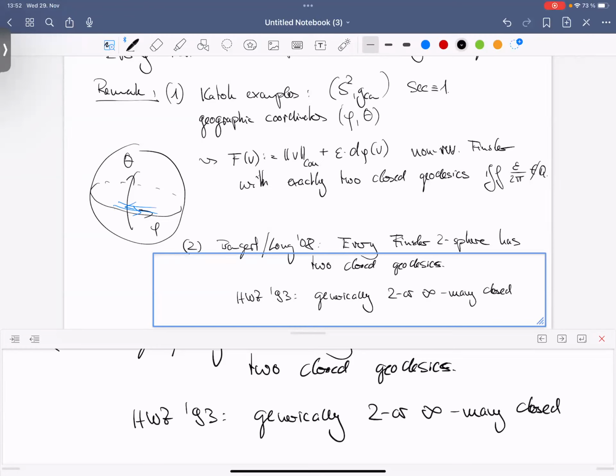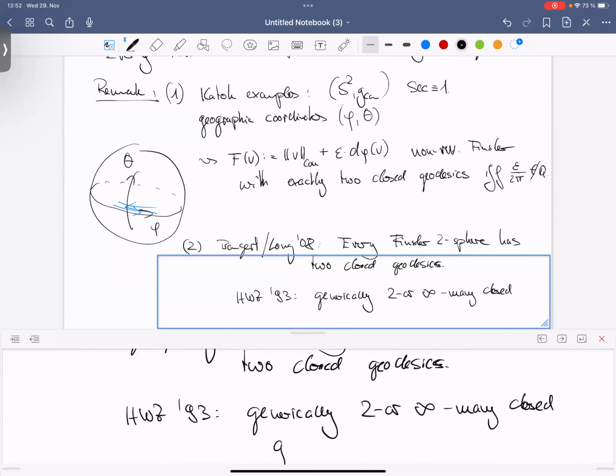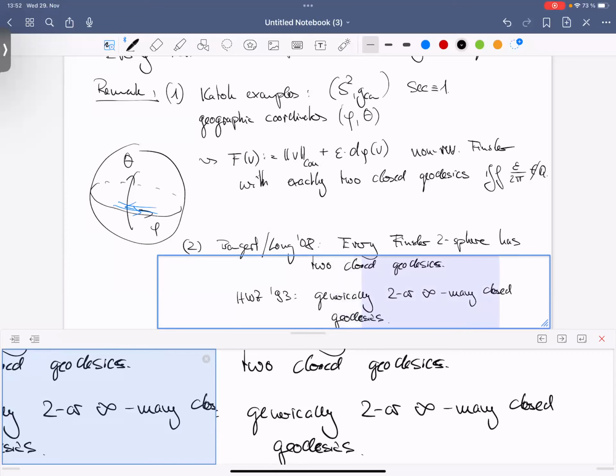Their theorem is more general, but to our situation it applies in this way: closed geodesics. But the crux here was the genericity.